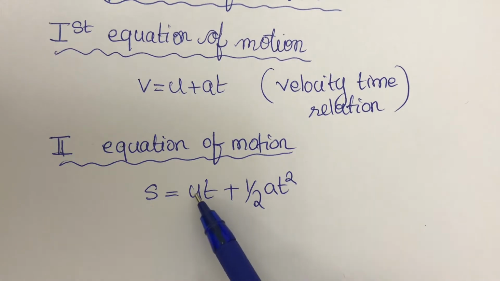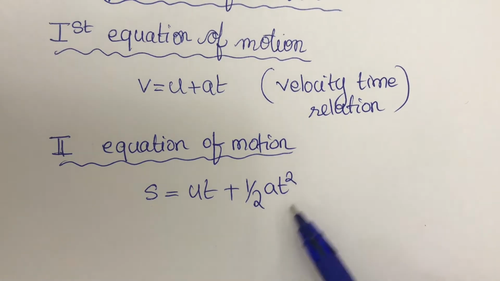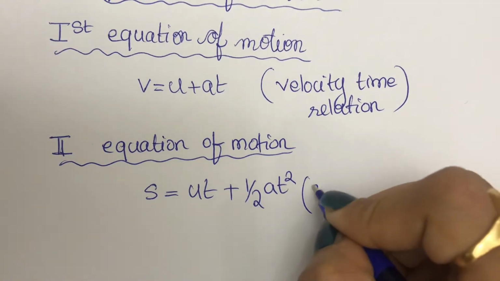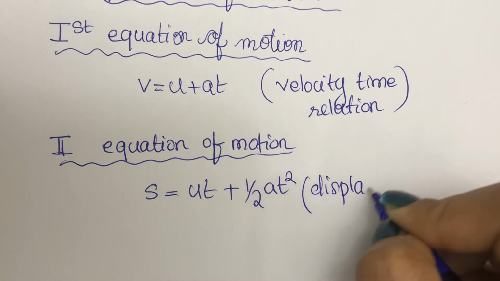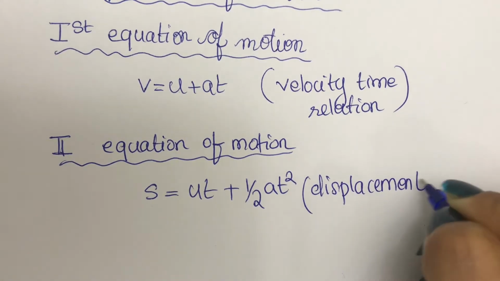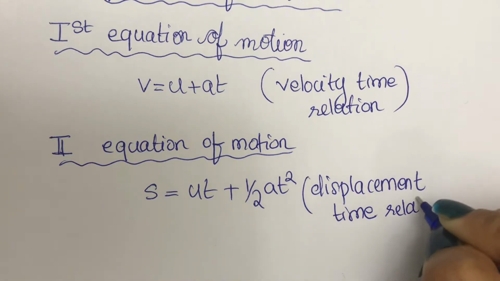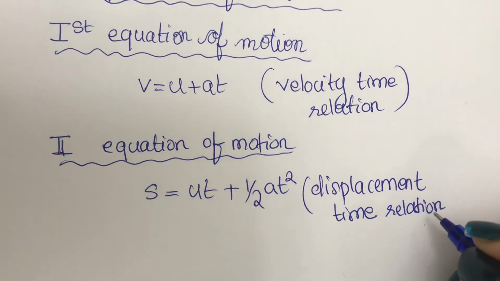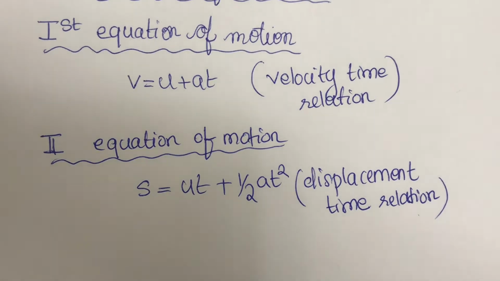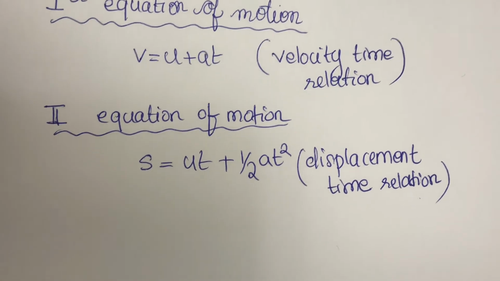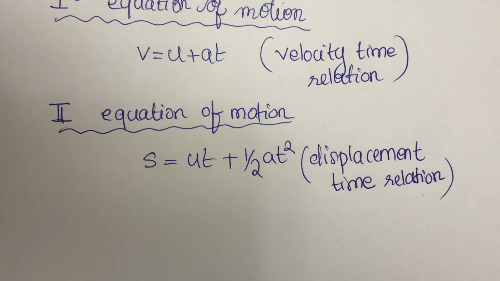So displacement is equal to ut plus half at square. This equation shows the displacement-time relation. So this is the second equation of motion; you can also say the position-time relation.